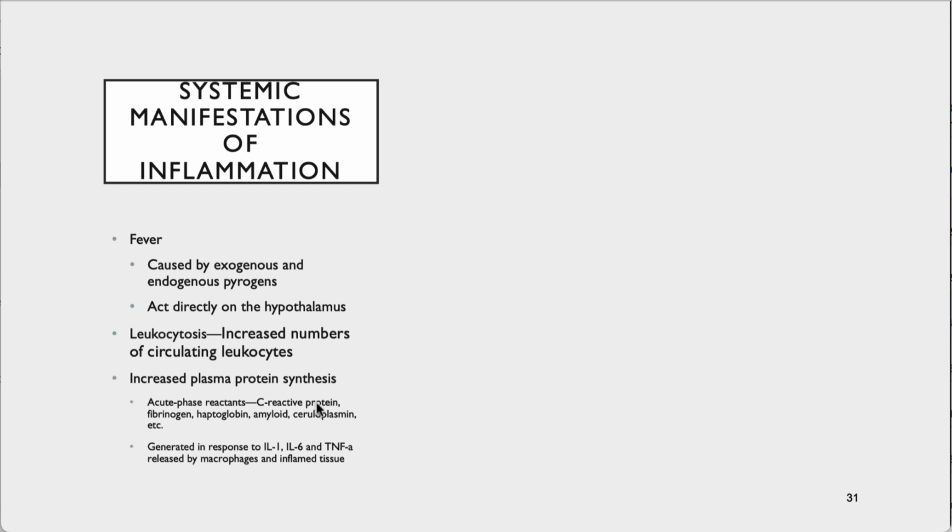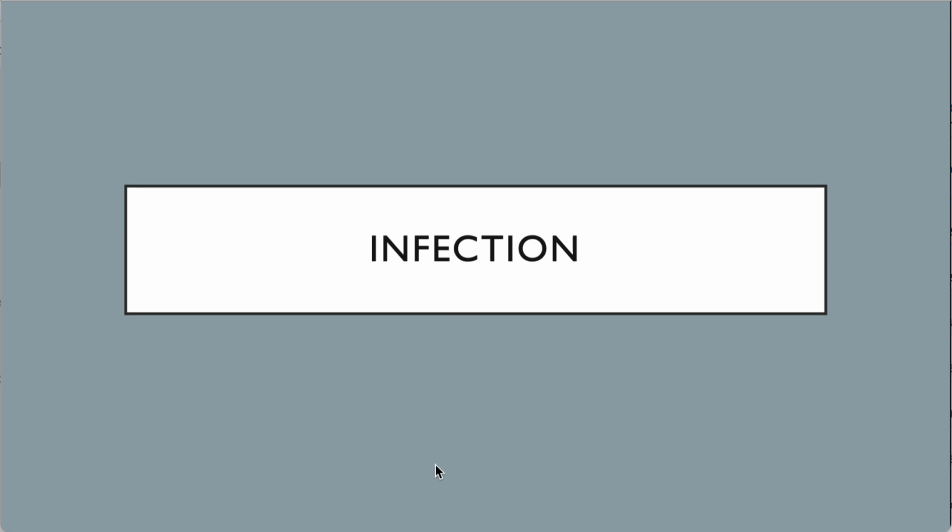Fibrinogen can be increased, C-reactive protein. All those things are acute phase reactants, and none of them are really good. And they are generated then in response to these inflammatory cytokines. Okay? We're going to talk a lot about those things later on. If you don't fully grasp it, no problem. This is really just an introductory level discussion.